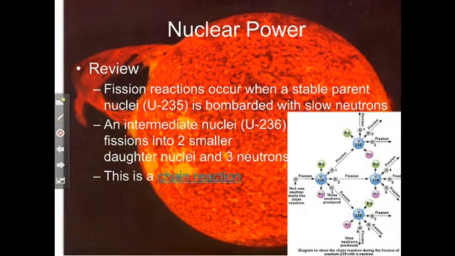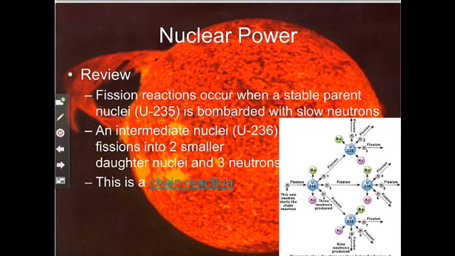But fission, of course, is when we break apart a larger nucleus into smaller nuclei. It occurs when you have a stable parent nucleus. The most common for nuclear reactors is uranium-235. And remember that 235 is the atomic mass of that particular isotope of uranium, and it's bombarded with slow neutrons.